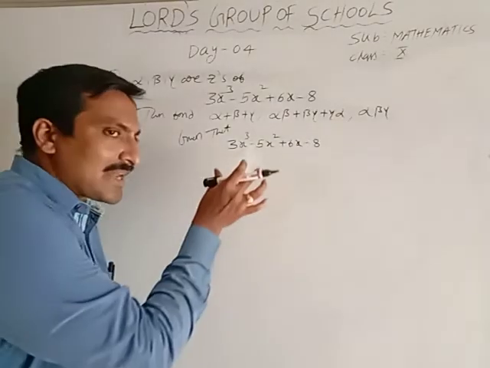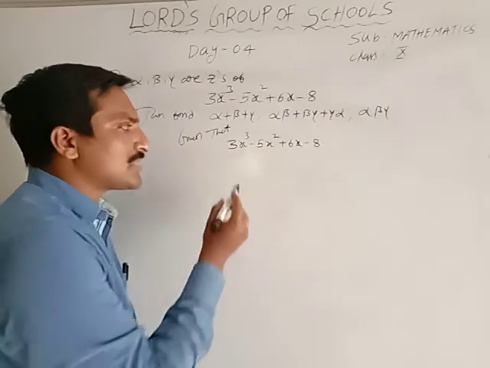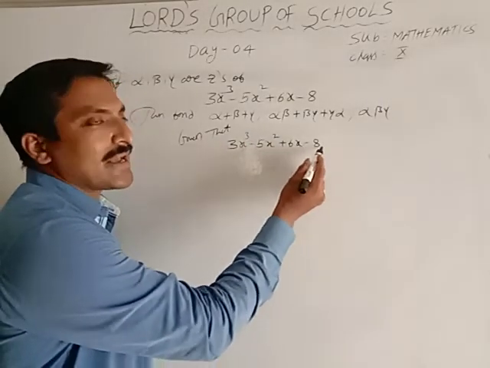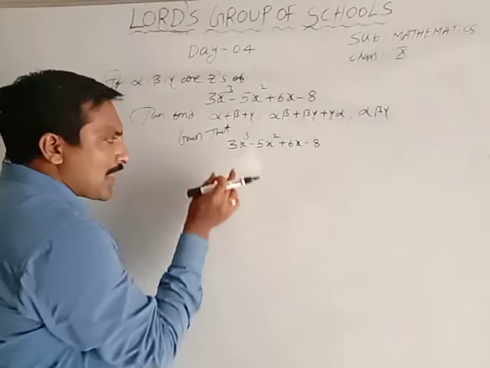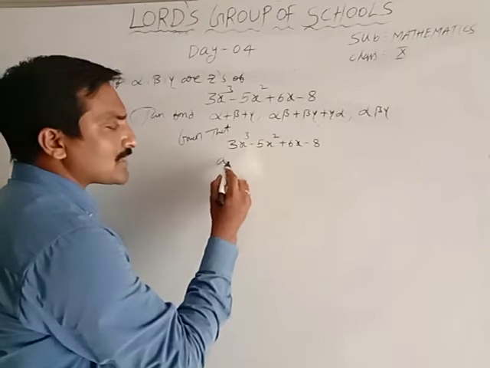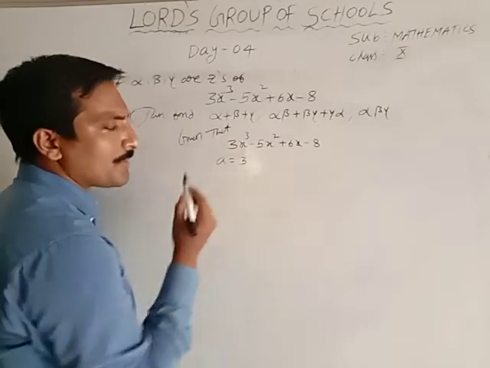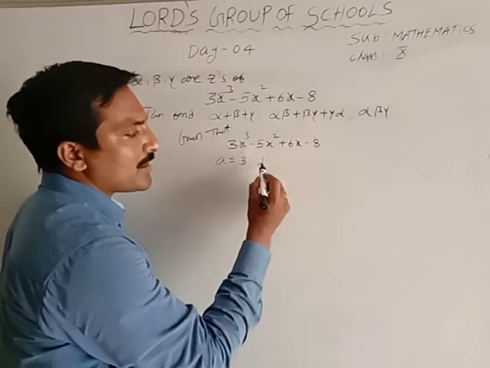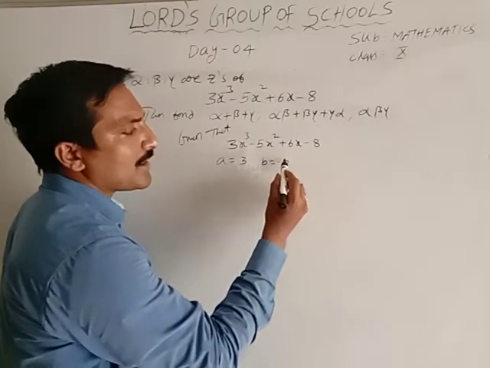Now, the general form of a cubic polynomial is ax cube plus bx square plus cx plus d. Here, the coefficient of x cube is a, and its value is 3. The coefficient of x square is b, equal to minus 5.